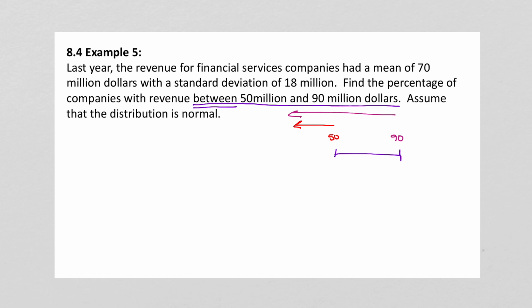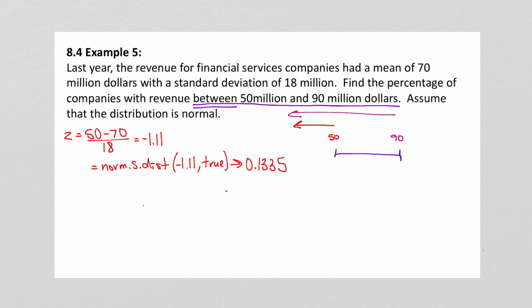To find the area to the left of 50, we'll find the z-score: 50 minus our mean, divided by the standard deviation, is negative 1.11. Then we want to the left, so it's just equals NORM.S.DIST, negative 1.11, comma, true, which gives us 0.1335.